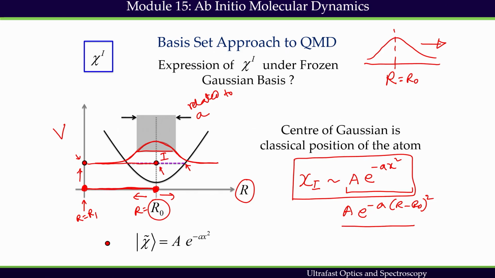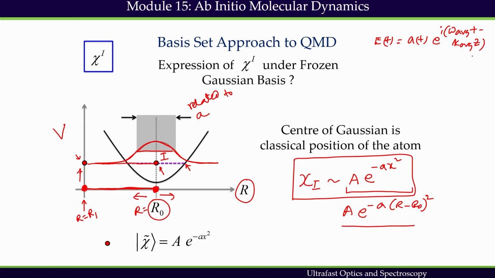In order to get something moving or propagating, we know that we previously expressed our ultrafast pulse as follows. The expression for the ultrafast pulse was E(t) equals A(t) multiplied by e to the power i(omega average t minus k average z).